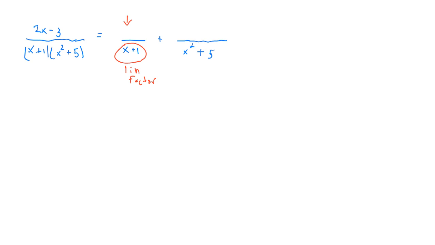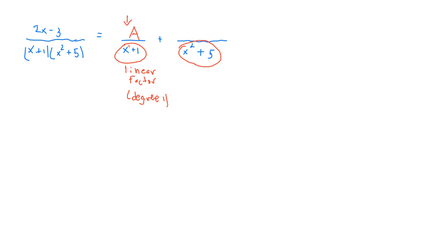That's right, Mohammed. It's a linear factor. It has degree 1, right? Next to the first power there. So what's going to go above the x plus 1? Right, just an A. That's right. I didn't work it out, but it's going to be a constant.